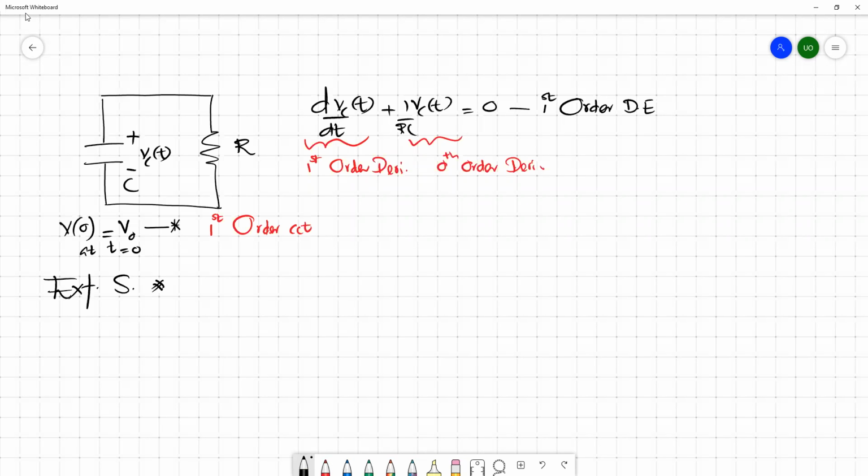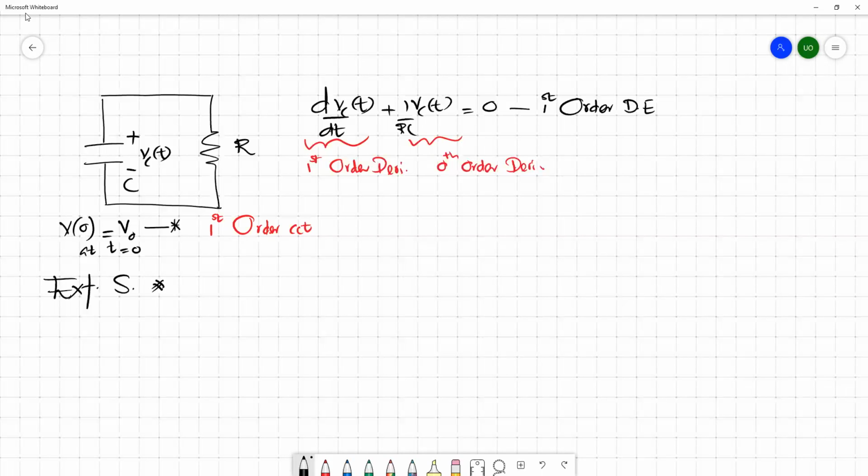Okay, so what we basically did here is, once we are given a circuit without external sources, we just apply Kirchhoff voltage law or Kirchhoff current law and obtain a differential equation. So whatever circuit we discuss here will end up with a first order differential equation.